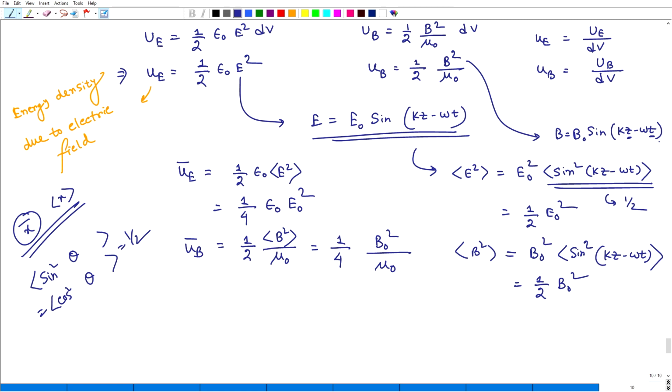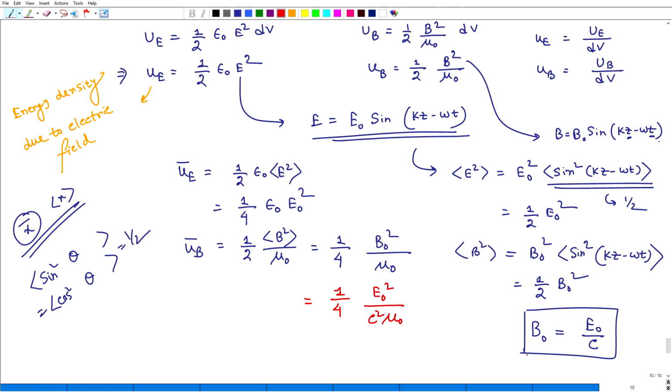So, now this is UE average and the UB average. We can show that UB and UE average are the same. We know that B naught equals E naught divided by C, right. So, it will be 1 by 4, E naught square divided by C square mu naught.